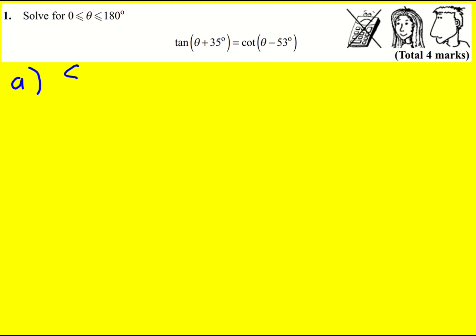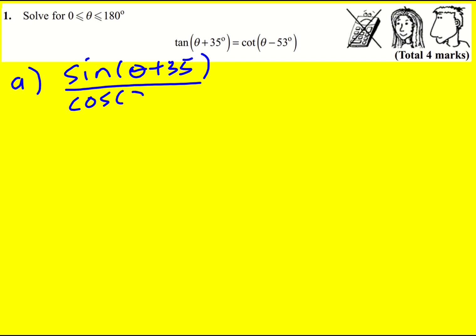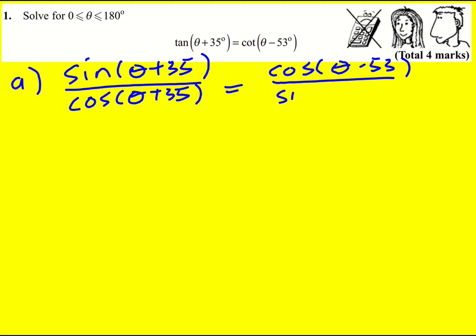So how you might think to do it is not to deal with tan and cot, but instead to deal with sine of theta plus 35 over cos of theta plus 35, and set it equal to cos of theta minus 53 over sine of theta minus 53.